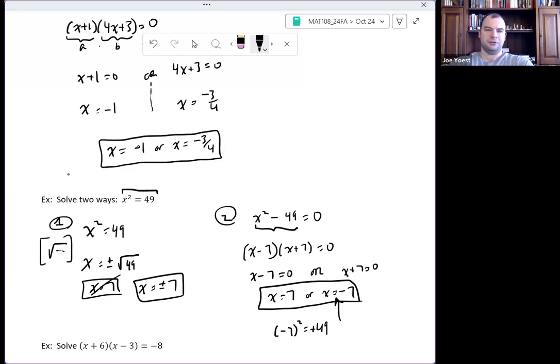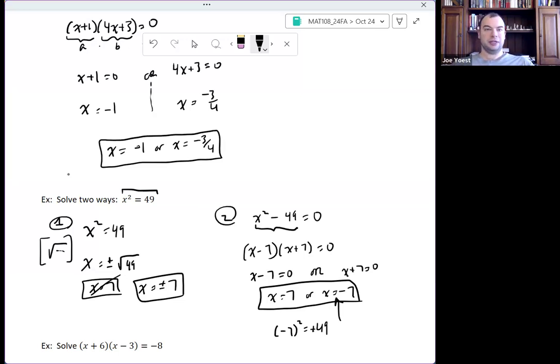So we have to be careful if we ever want to just take the square root of both sides of an equation. We have to make sure that we account for the fact that when we have a number squared, it squares off the negative. I can put in a positive value, square it, and get a certain number as an output.